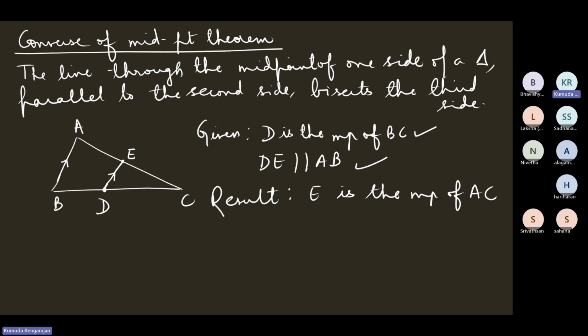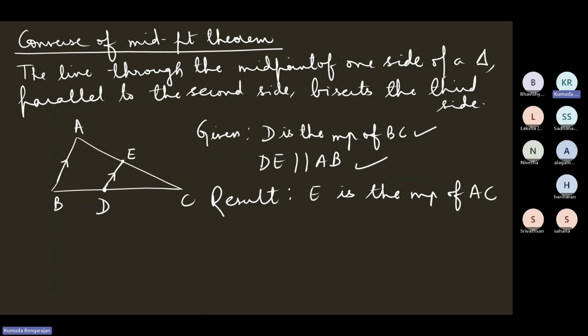So if we have both of these, if it's given that D is the midpoint of BC and DE is parallel to AB, then the result by converse of midpoint theorem is that E is the midpoint of the third side AC.